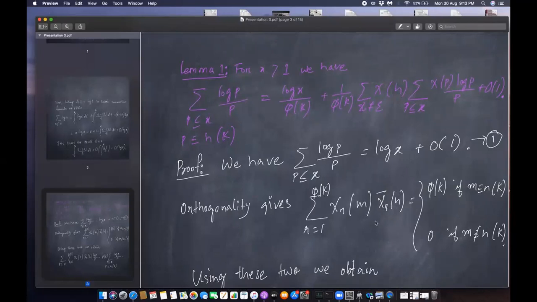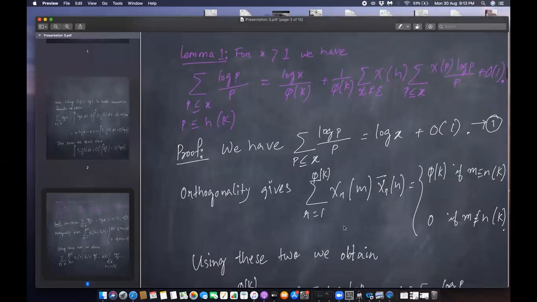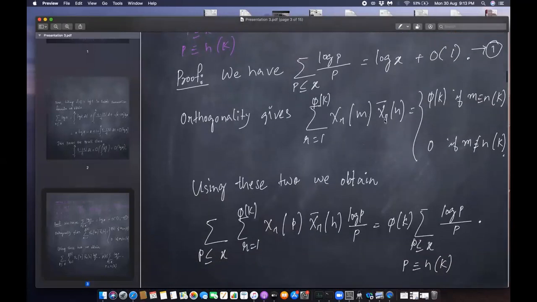So using this orthogonality, if we multiply by log p by p and take the sum over all the primes less than or equal to x, this is exactly what we are doing. Then we obtain this sum, which depends on p and h.